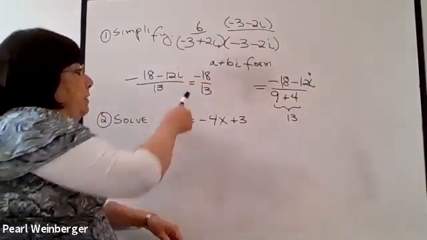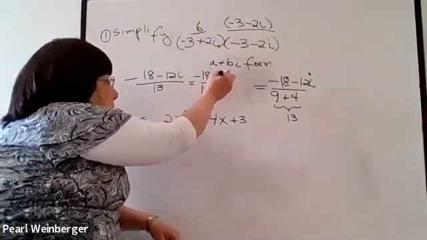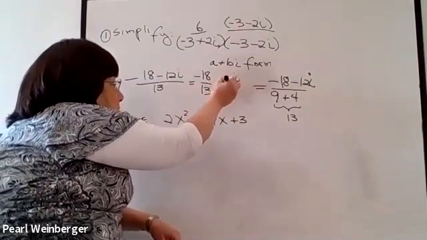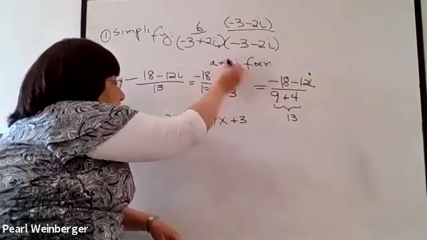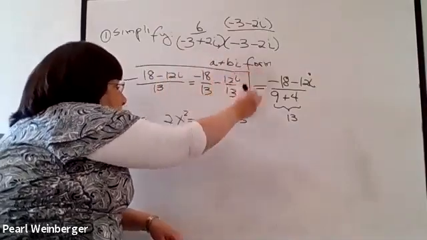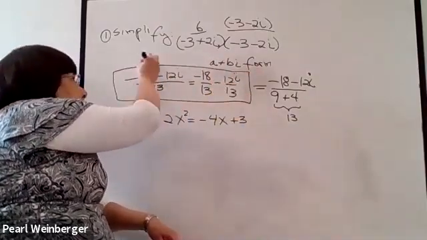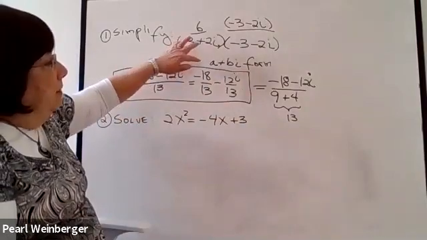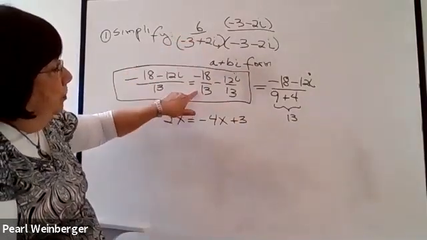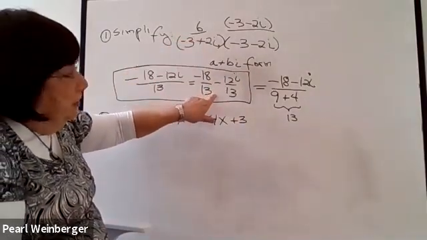So then that would be negative 18 over 13 minus 12i over 13. Both of these answers are correct answers. It's just if they say a plus bi form or format, then they want this answer.